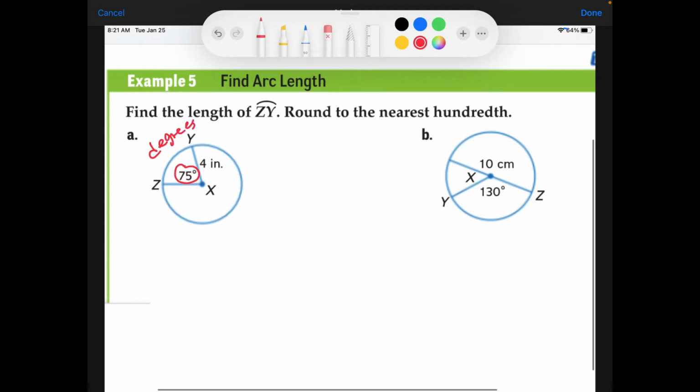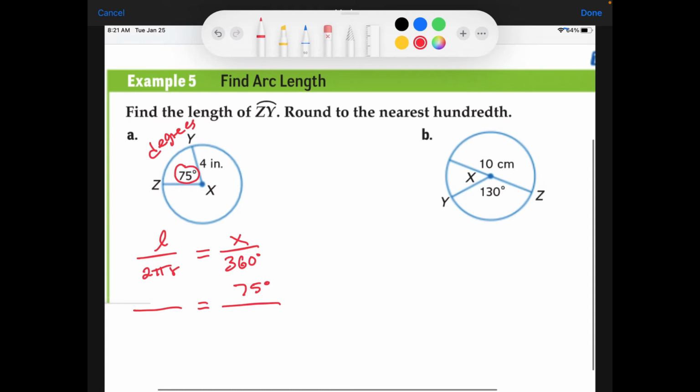Remember the formula, and as you can tell, this is in degrees. Because it's in degrees, I can write my formula and say that the total would be 360 degrees, part over the whole, part of the length over the whole circumference. Let's fill in the information we were given. We are given part of the angle, not the whole 360.